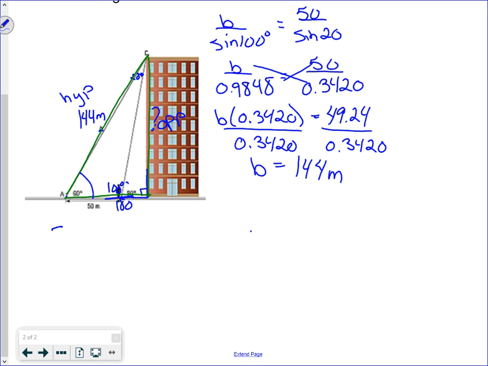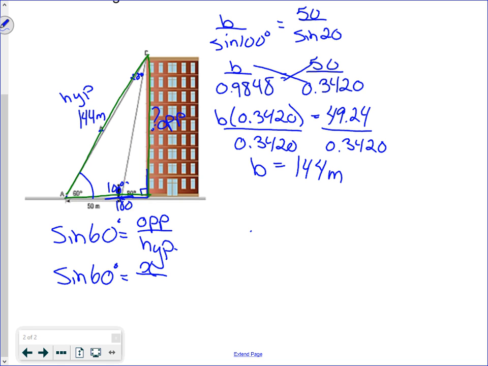So we're going to have sine of 60 degrees equals the opposite side over the hypotenuse. So the opposite side is the height of the building, so that's what we're looking for. I'm going to call that x, over the hypotenuse, which is what we just calculated, as 144.